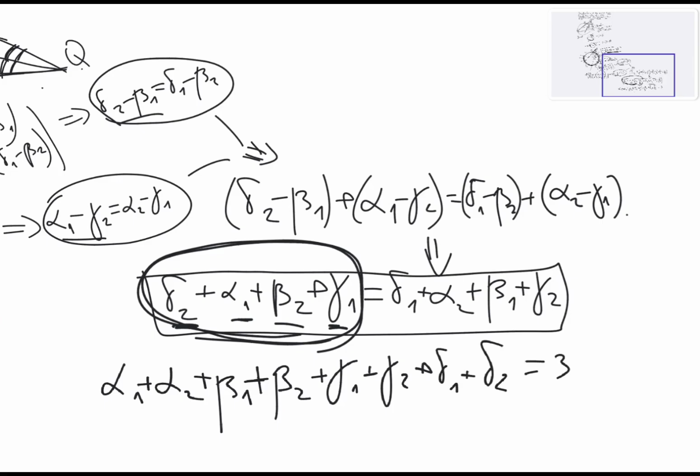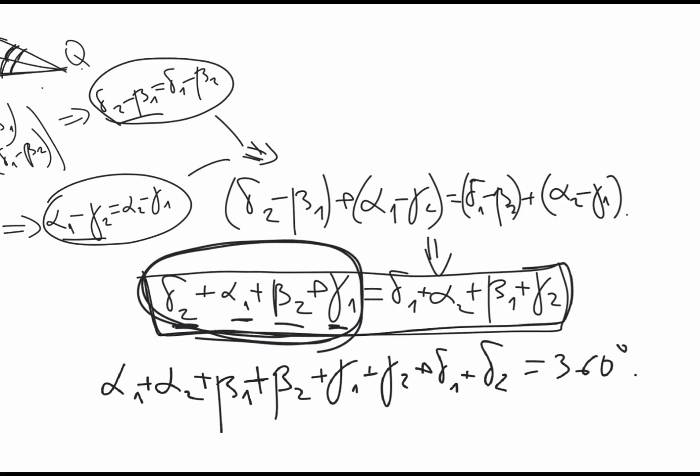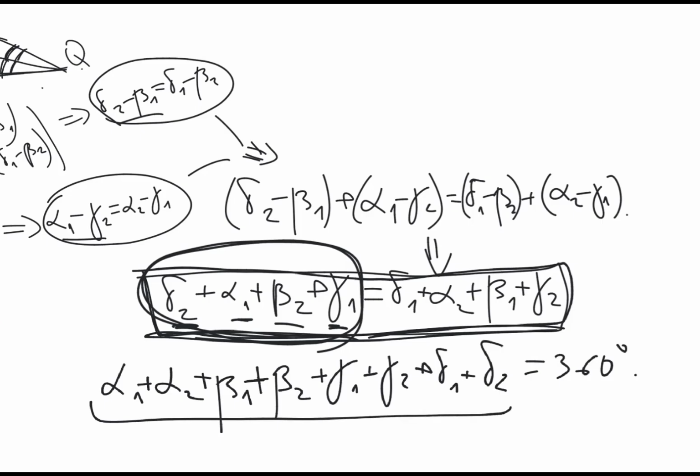This is the full circle, which is 360 degrees. Right, so we notice simply that in this equality that we obtained, on the left hand side and on the right hand side we have all the angles that are in this equality.